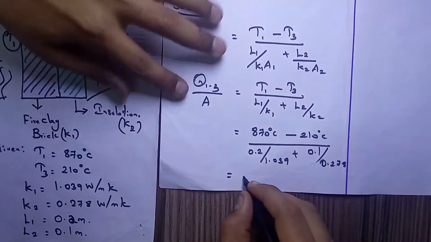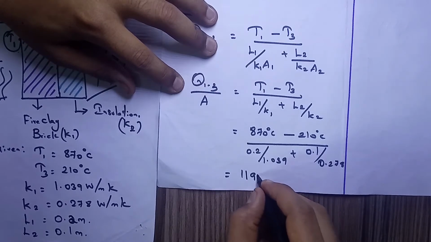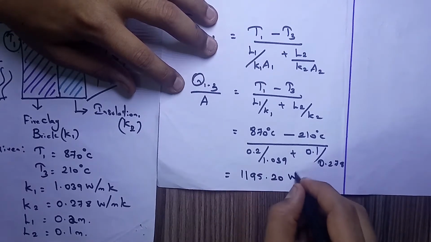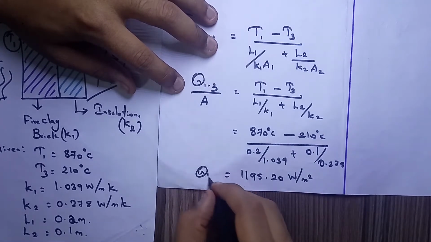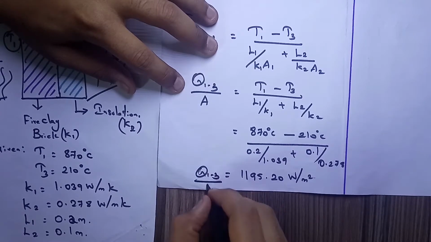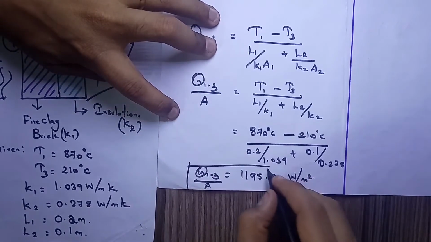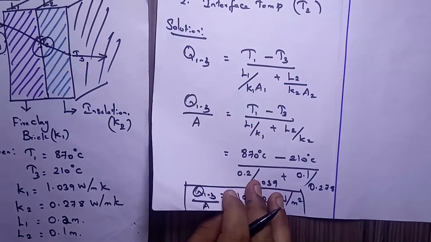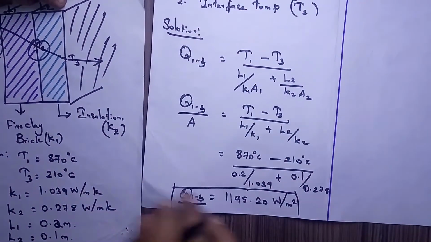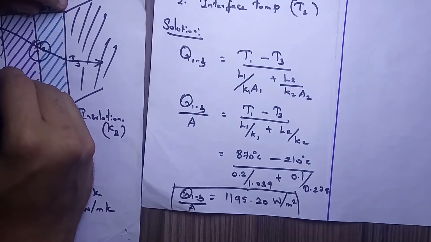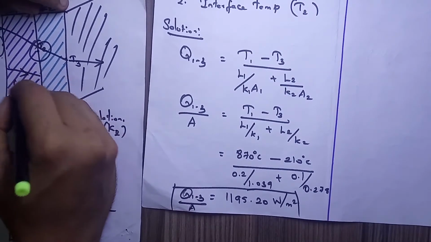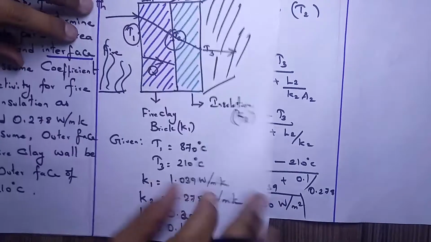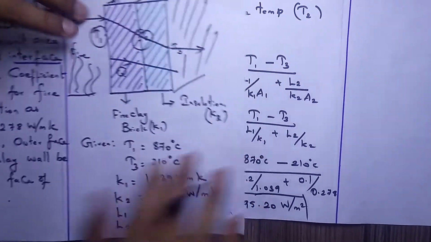The answer will be 1195.20 watt per meter square. So this is the heat flow rate. The same heat flow rate will be equal from 1 to 2. The same heat will flow from 1 to 2 and from 2 to 3.